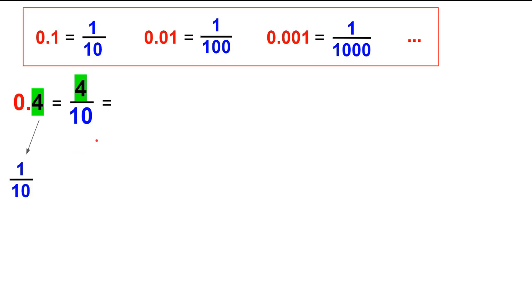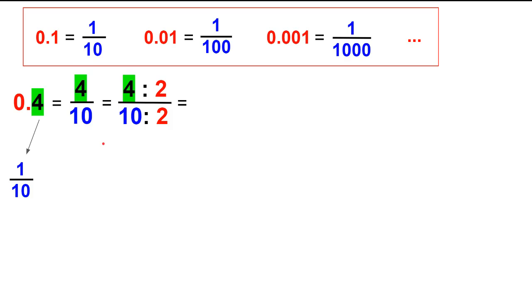However, in this case, both the 4 and the 10 are even numbers, so we can divide them by 2. If you perform the same action on the numerator and on the denominator, you do not change the value of the fraction. You just change the way it looks. You change its representation, but the value remains the same.